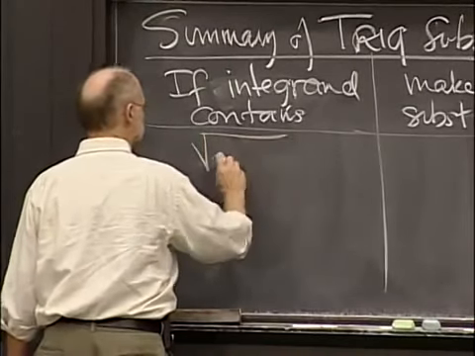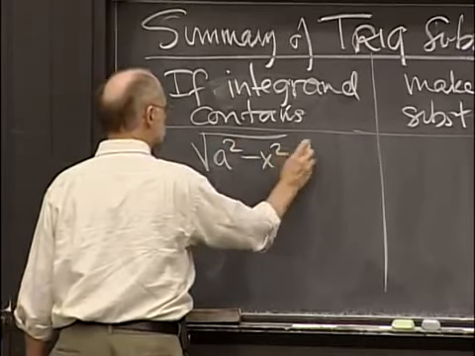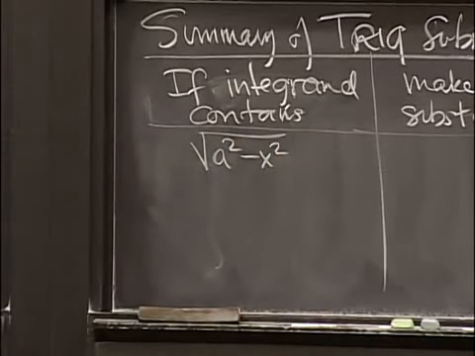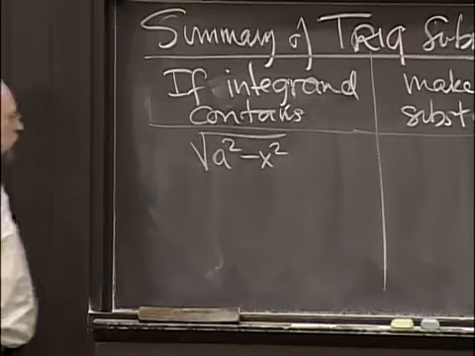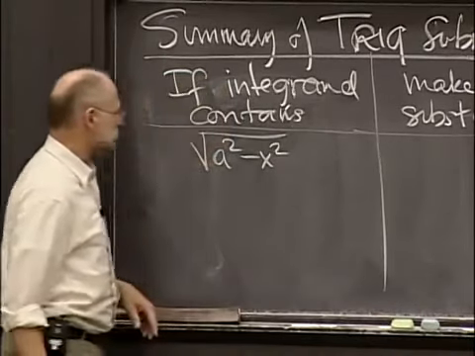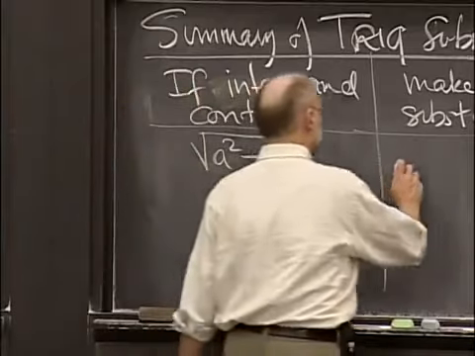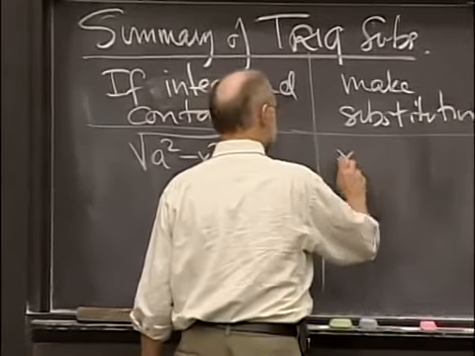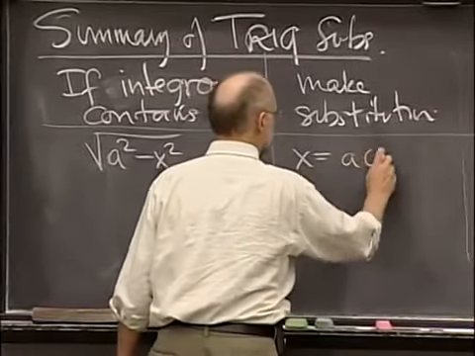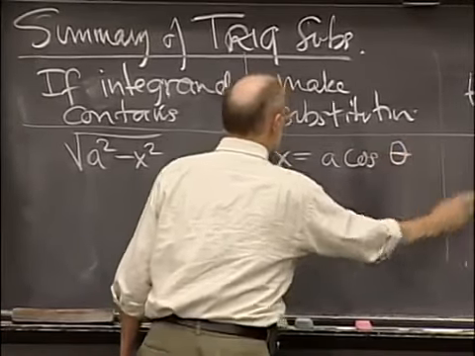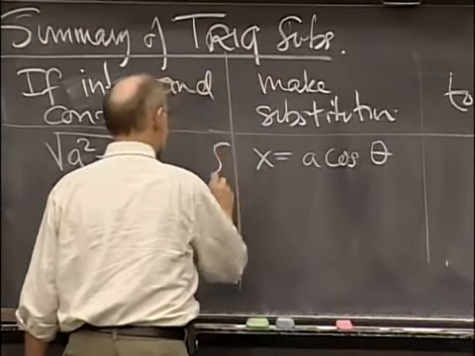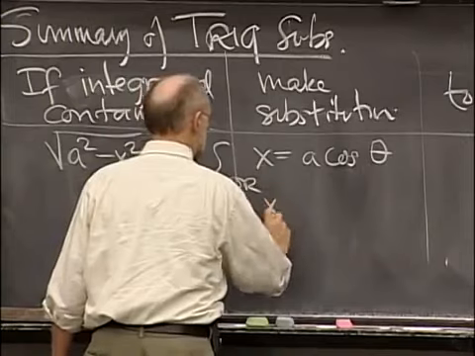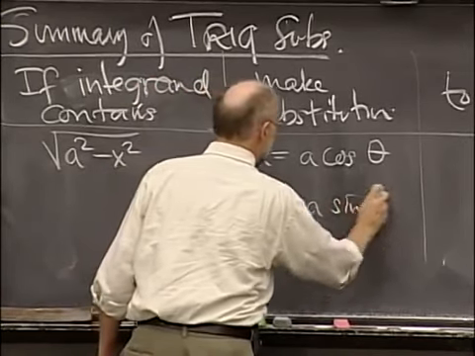If it contains the square root of a squared minus x squared, this is what we talked about on Thursday when I was trying to find the area of that piece of a circle. There, I suggested that we should make the substitution x is a times the cosine of theta, or x is a times the sine of theta.